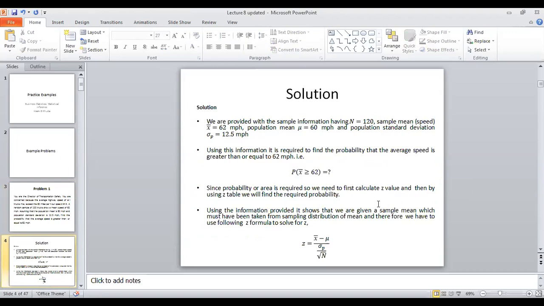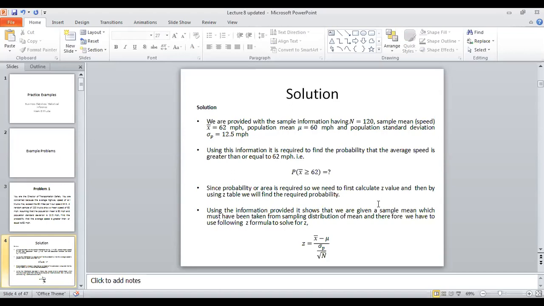Firstly, we are provided with the sample information having a sample size of 120. The sample mean, which shows the speed of the trucks, is 62 mph, and sample mean is indicated by x bar as we have already discussed. So please be careful with these symbols. Population mean mu is equal to 60, and the population standard deviation is 12.5 miles per hour.